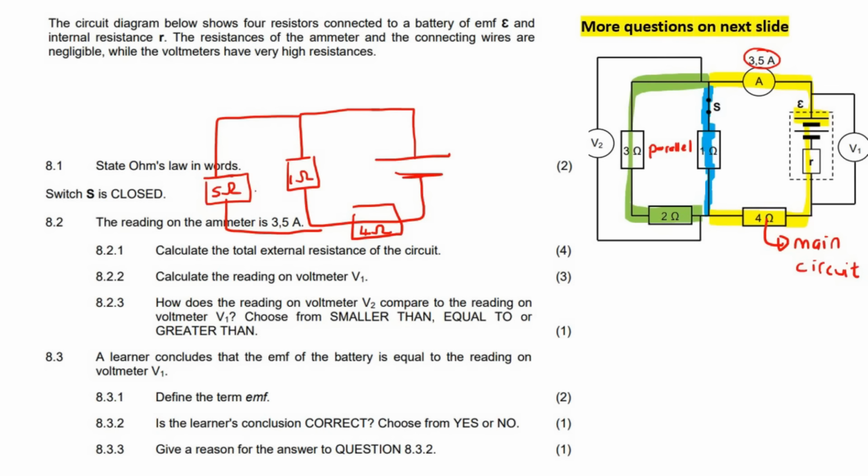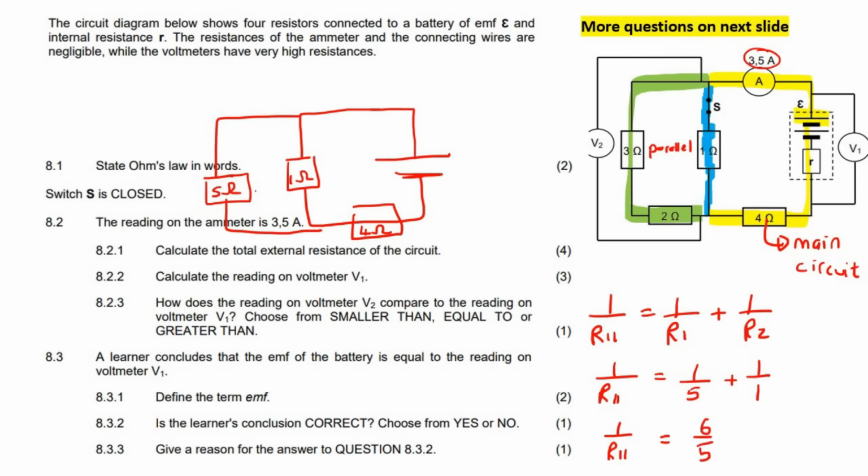So we know that the parallel formula goes like this: 1 over R1 plus 1 over R2. So that's going to be 1 over 5 plus 1 over 1, and so that would end up giving 6 over 5. And then you flip upside down, and so you end up with R parallel equal to 5 over 6.